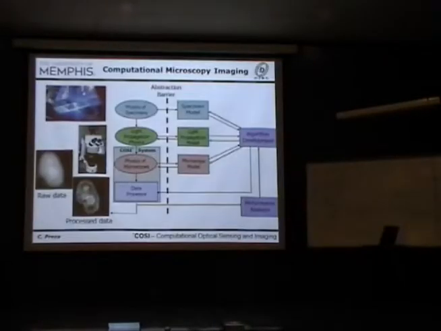And one thing that I should have mentioned here, you see there are feedback arrows, which means that what we learned from the performance analysis, we go back and modify our algorithm to improve it. And then we can also go back and improve our models, right? And maybe we can go back over here and improve the way that we measure our data, right? Or go back and change our sensor, our microscope, our optics, so that the data that I get are more meaningful for my computations.